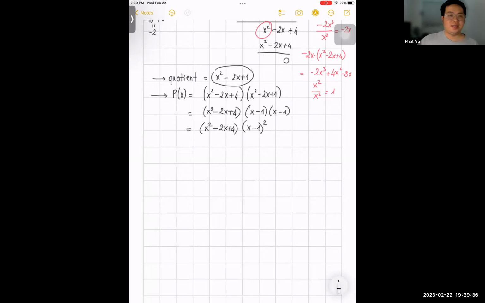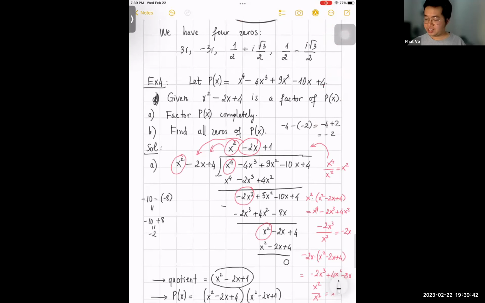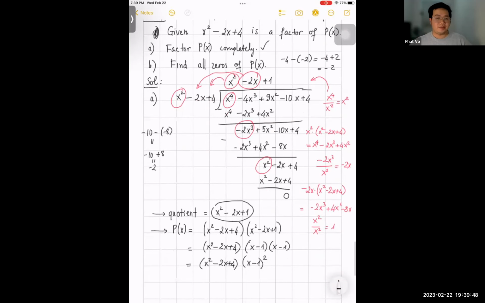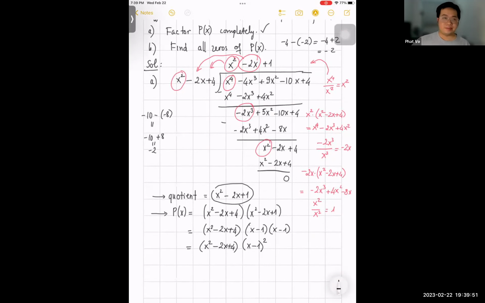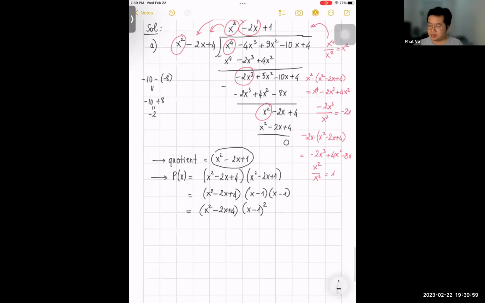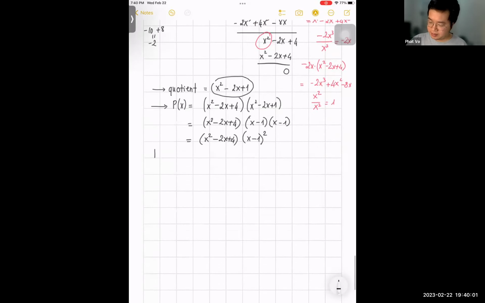So that is the way to factor the polynomial. And that finishes part A. Any questions so far? If you don't have any questions, I will move on to part B, find all zeros of P(x). Go to B now.